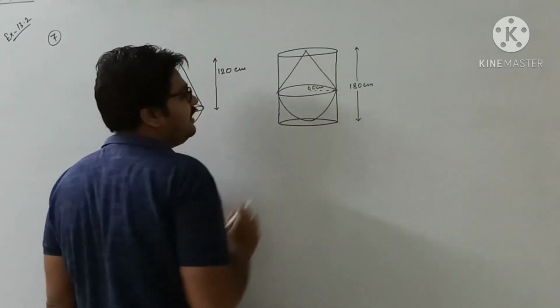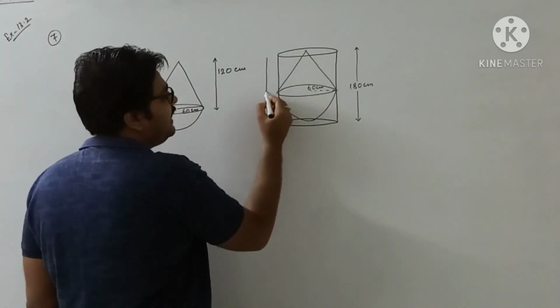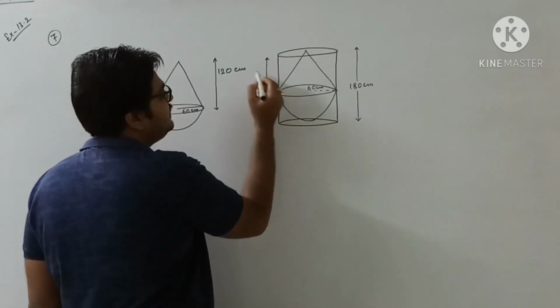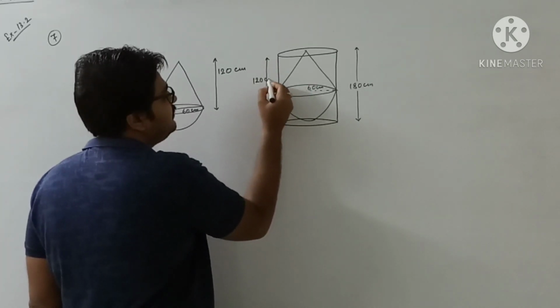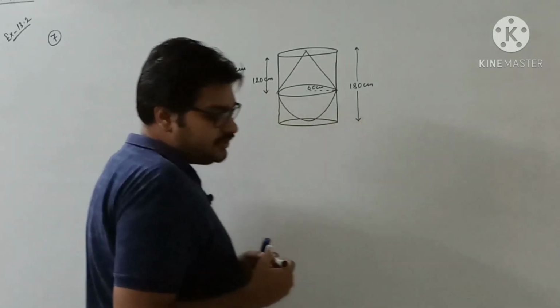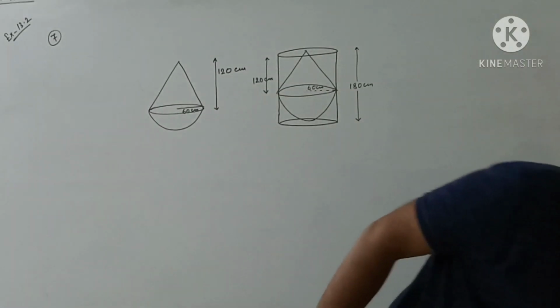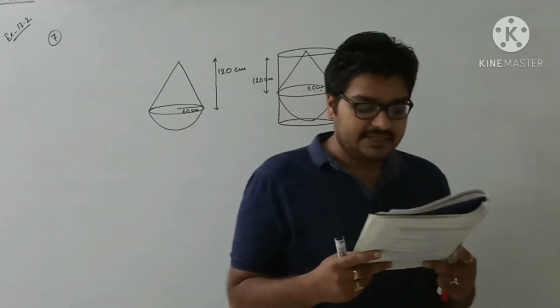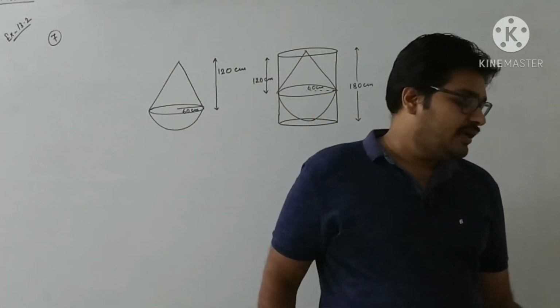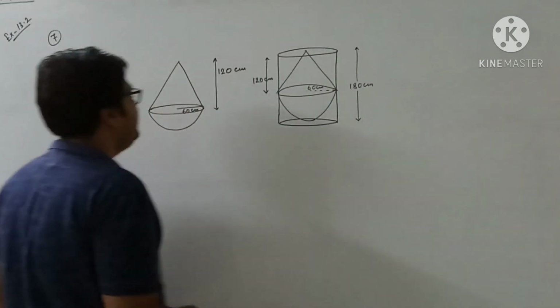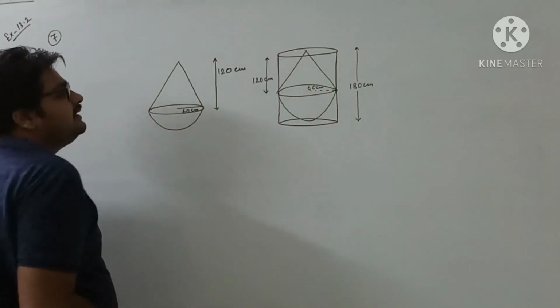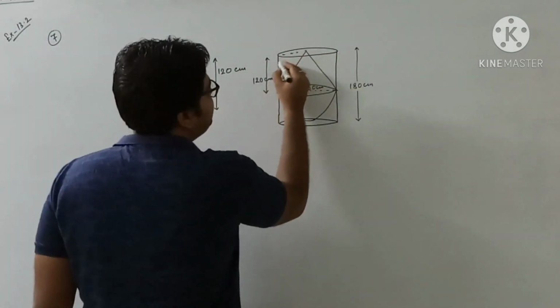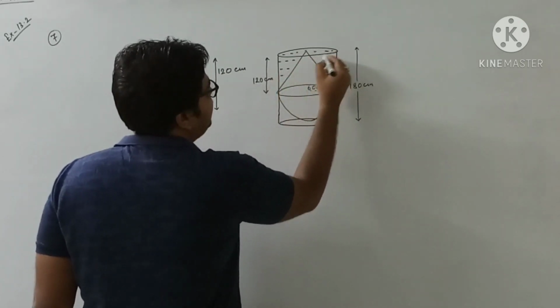And the radius everywhere is 60. And this cone height is 120 centimeter. Okay, now what is the question actually? What do I have to find out? The question is, find the volume of the water left in the cylinder. Achha. Whenever we keep this solid in the cylinder, how much water is left in the cylinder, that you have to find out.